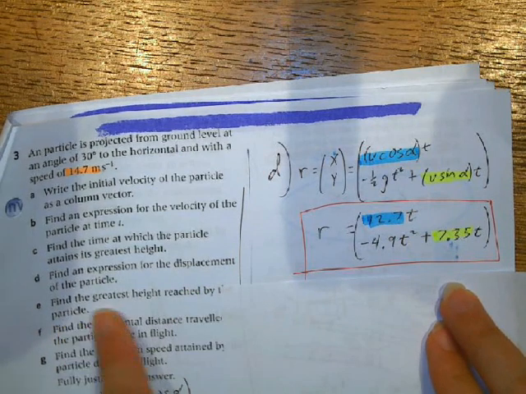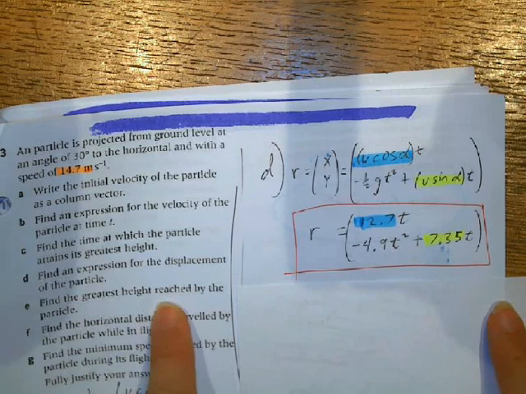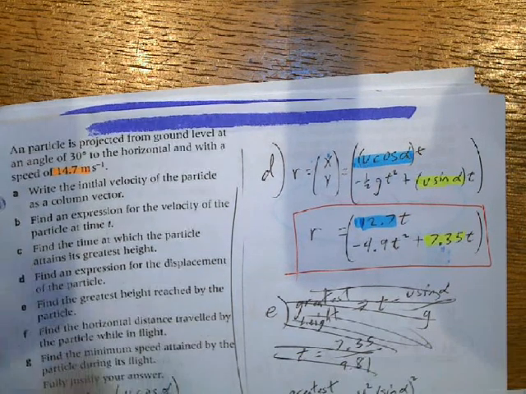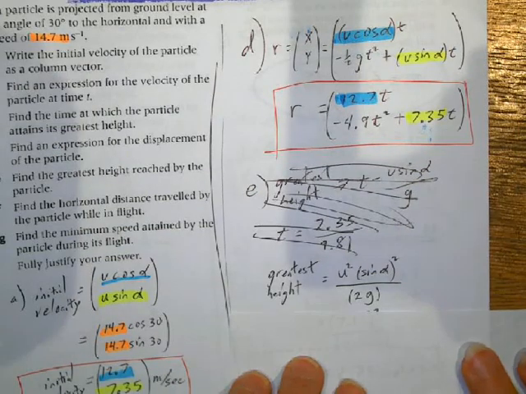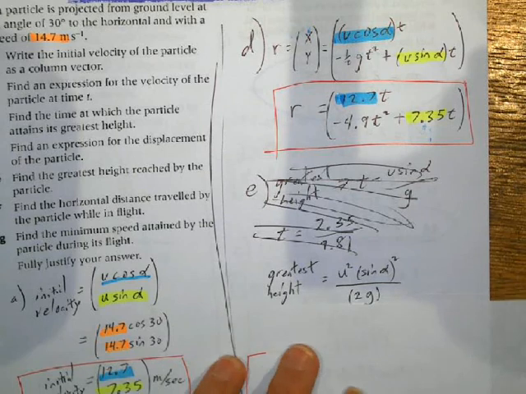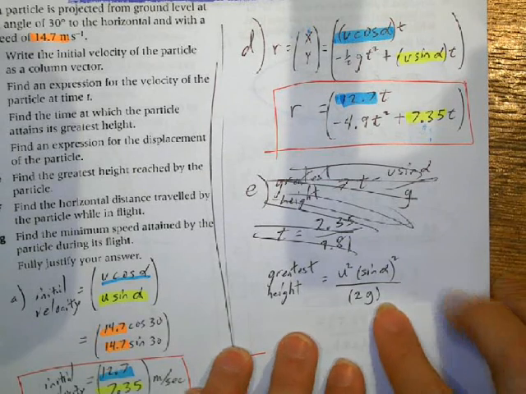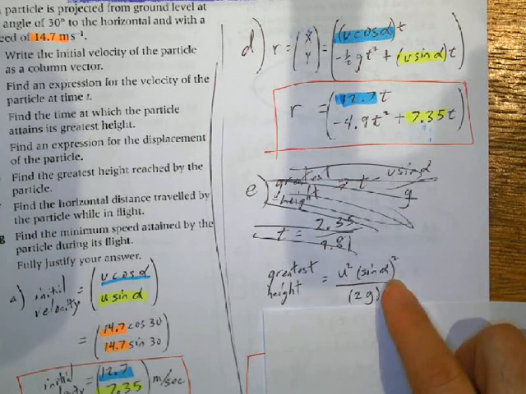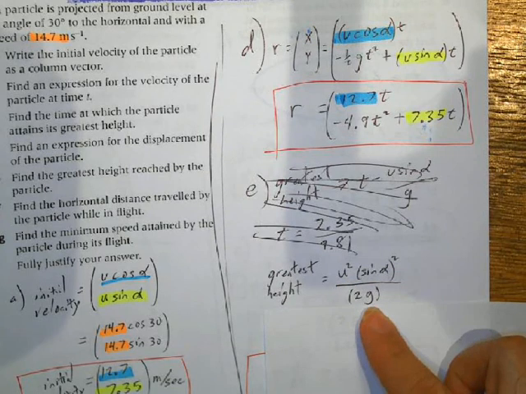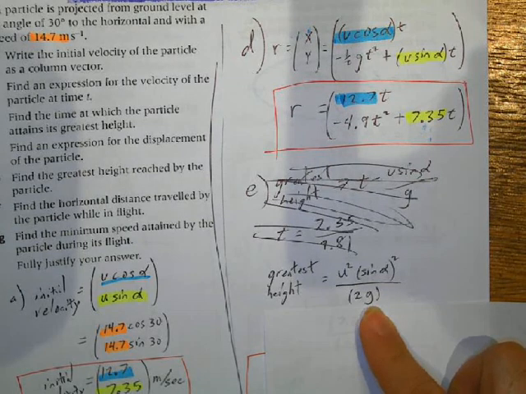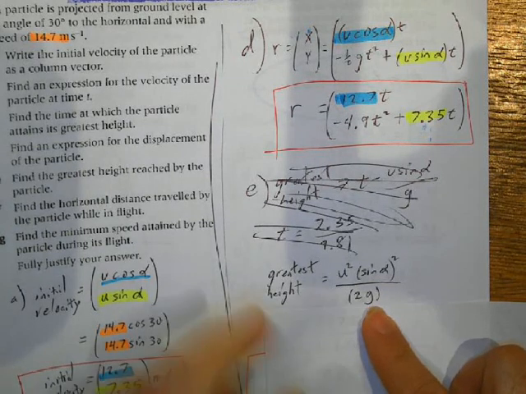Question E. Find the greatest height reached by the particle. So the greatest height happens at u squared times sine squared theta divided by 2 times gravity. And we got that on an earlier page, right?